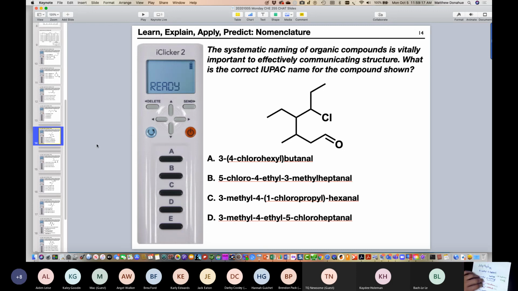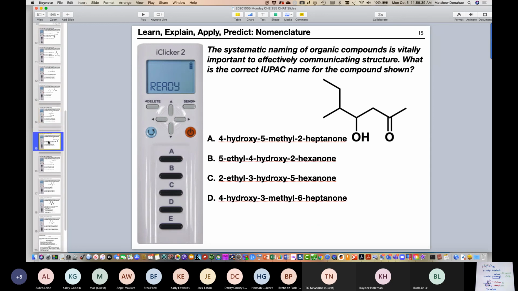So I strongly encourage you to go through these workbooks. This is chapter 5 on nomenclature. There's a lot of good problems in here to do. Maybe we'll do some of those on Wednesday. We'll finish up these other functional groups just to give you a preview.